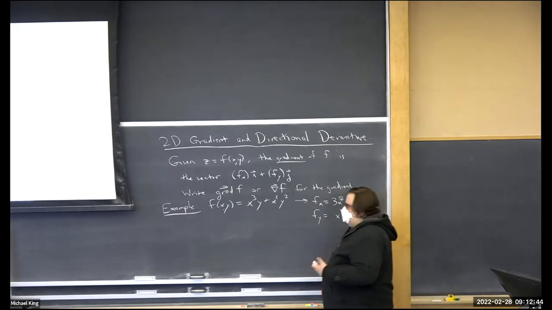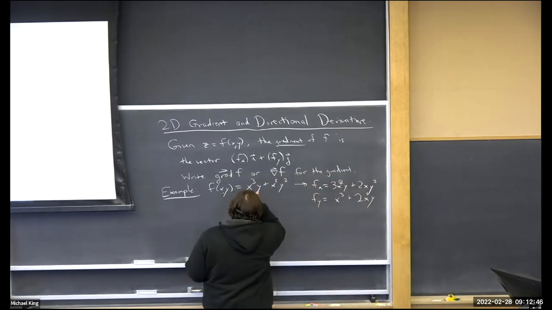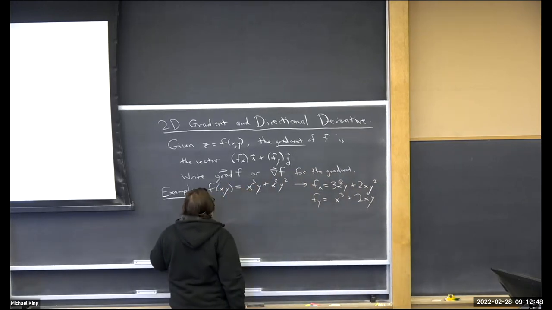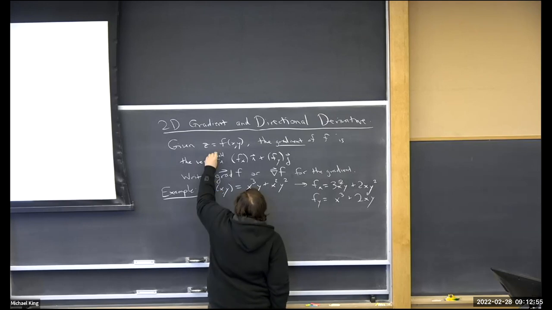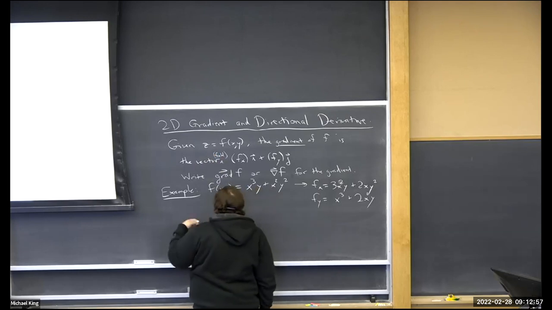So it's a general vector. Actually, it's really called a vector field, which I'll show you pictures of at some point. So there's this word field. But at a specific point, it's going to be a specific vector.